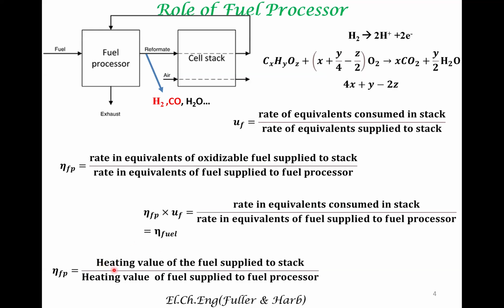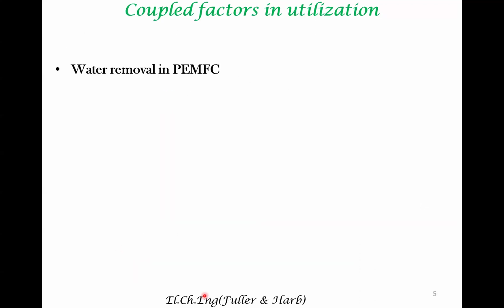We have already elaborated in a previous lecture what we mean by heating value. And in the denominator, we denote the heating value of the fuel supplied to the fuel processor. So if the fuel gets enriched in the fuel processor, this quantity will be more than this quantity.